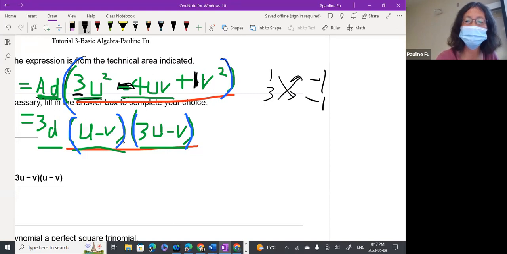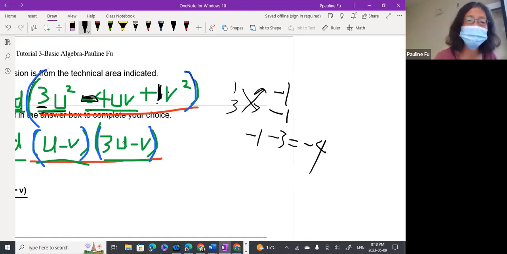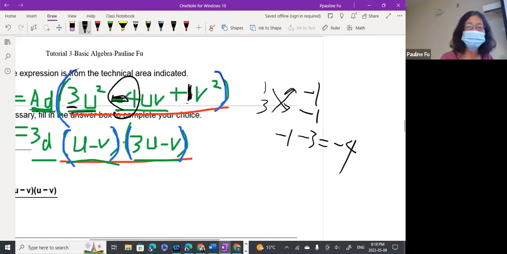This is +1. And then when you do cross multiplication, 1 times -1 is -1, 3 times -1 is -3, bingo. You got -4. This is what we want. And then for the result, you just add the numbers: 1u minus v times 3u minus v.